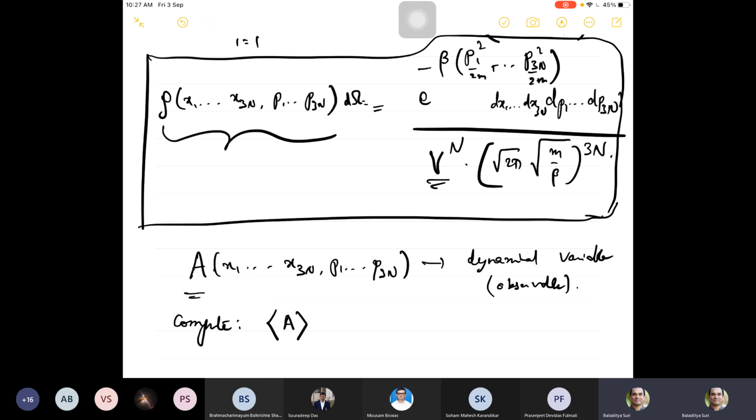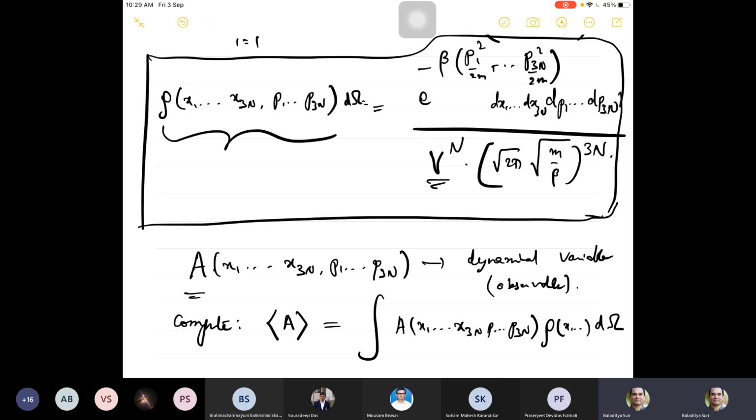That is equal to the integral of A of x1 to x3n, p1 to p3n, times the probability rho of this, times d omega. Make sense?